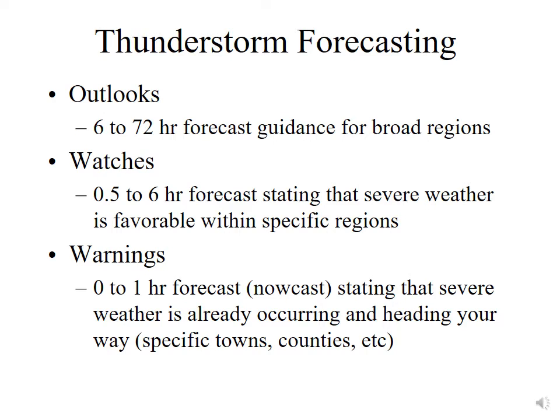Thunderstorm watches are shorter forecasts, up to 6 hours, basically stating that severe weather is favorable within specific regions. Now remember that severe weather does not refer to just run-of-the-mill thunderstorms. It refers to thunderstorms that have damaging winds, winds in excess of 25 meters per second, or hail that is essentially greater than 3/4 of an inch in diameter, or tornadoes.